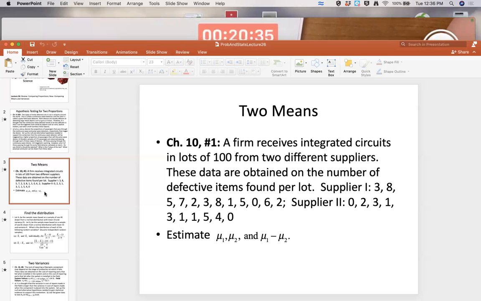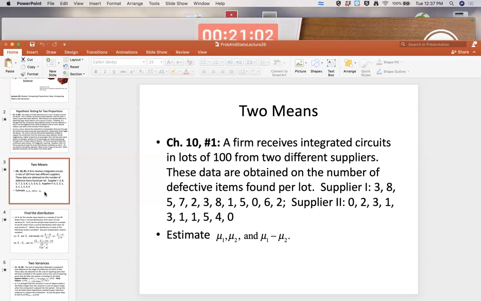We could try to estimate P1, P2, and P1 minus P2. In those cases, you'd have to divide by 100. Here, we're just focused on the number of defective items, so we're focused on the mean. But you could think of it either way. Proportions always can be thought of as means, if you divide by 100 in this case.